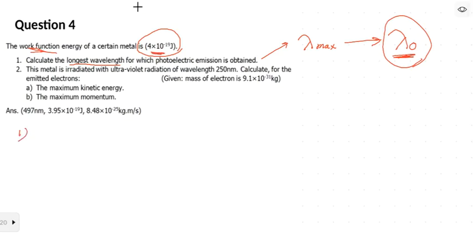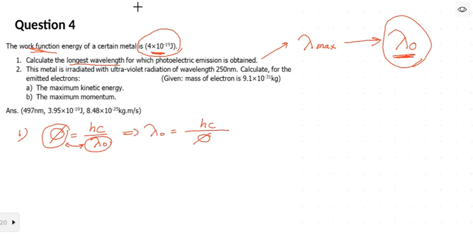So I write the work function equal to hc divided by lambda threshold. So lambda threshold will be equal to hc over the work function.